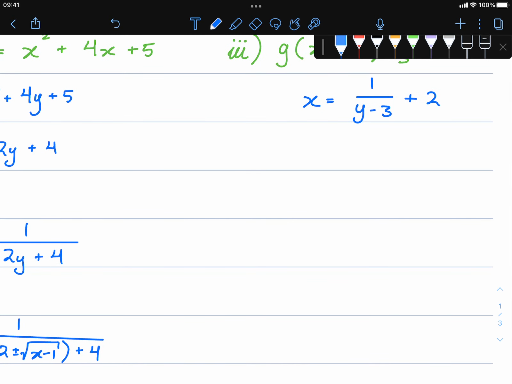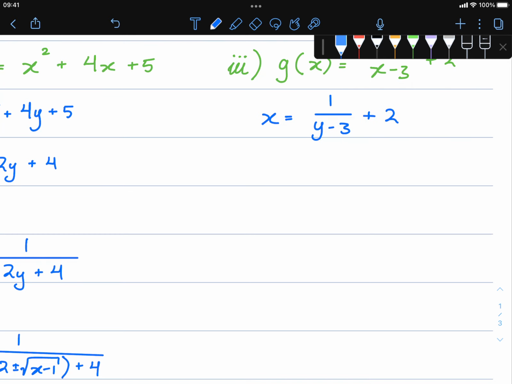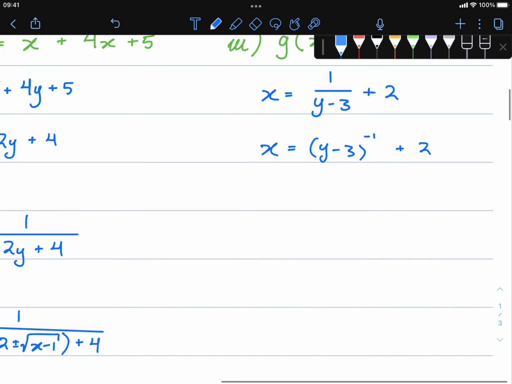Okay, so for the third example, we simply differentiate this. Now just to make it a little bit easier, I'll write it as y minus 3 to the power of negative 1, plus 2.